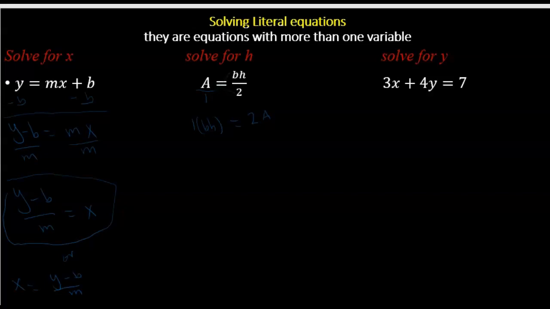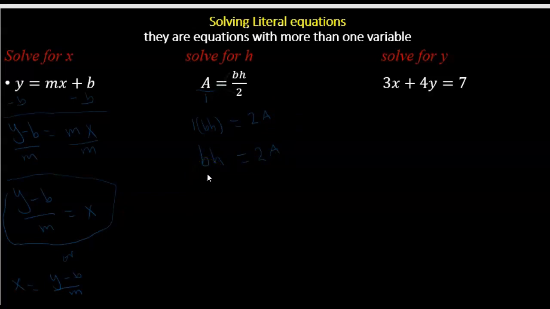Anything times 1 is itself, so 1 times bh is still bh, equal to 2a. Now, keep in mind we are solving for h. So the right side of the equation is fine, but we need to get rid of the b on the left side of the equation.